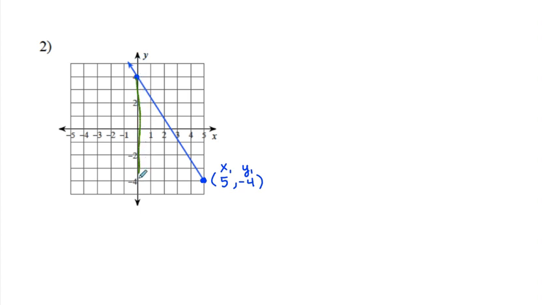So that's down 8 steps. And then from here, it's going 1, 2, 3, 4, 5 in the positive direction. So negative 8, positive 5. So that means my slope is my change in y over my change in x, or negative 8 over 5.